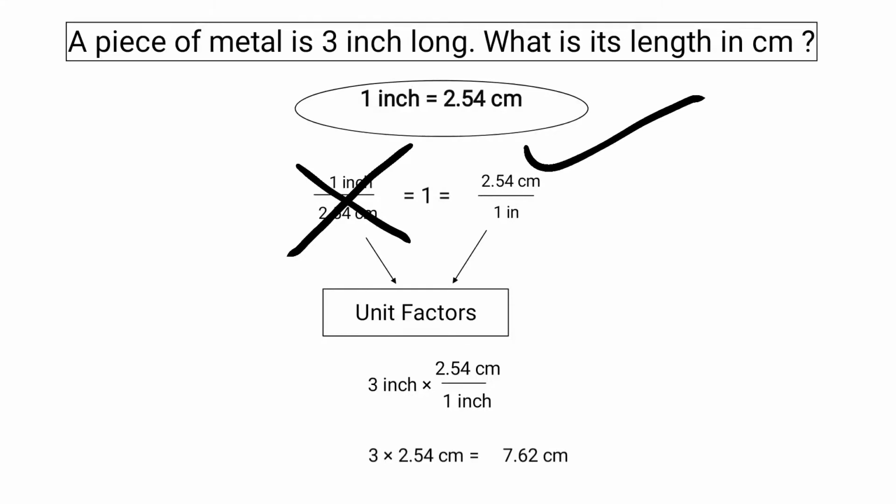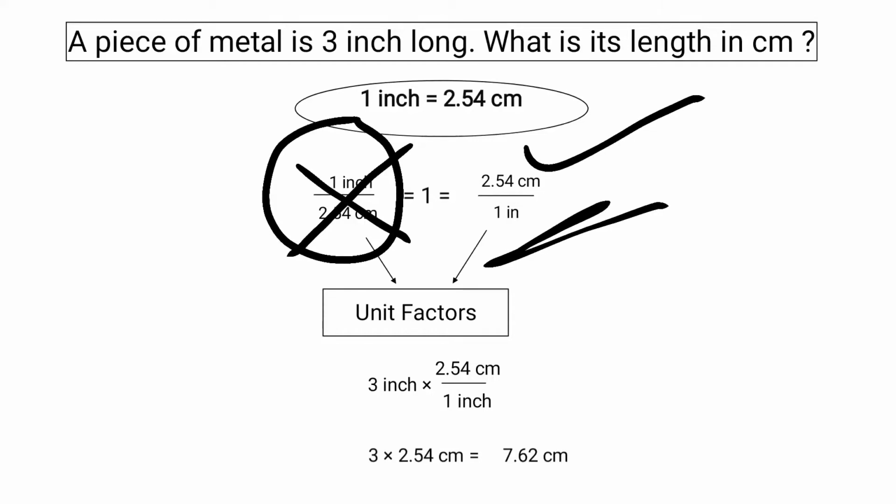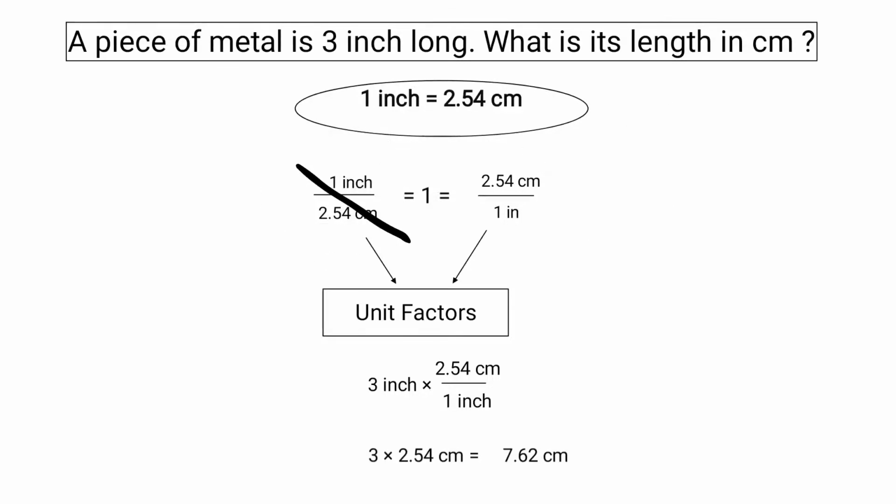Why? Because in the first unit factor the inch is in the numerator, so we cannot cancel inch, whereas in the second unit factor, since inch is in the denominator, we can easily cancel inch and we get the answer as 7.62 centimeter. Therefore 3 inches would be equal to 7.62 centimeter.